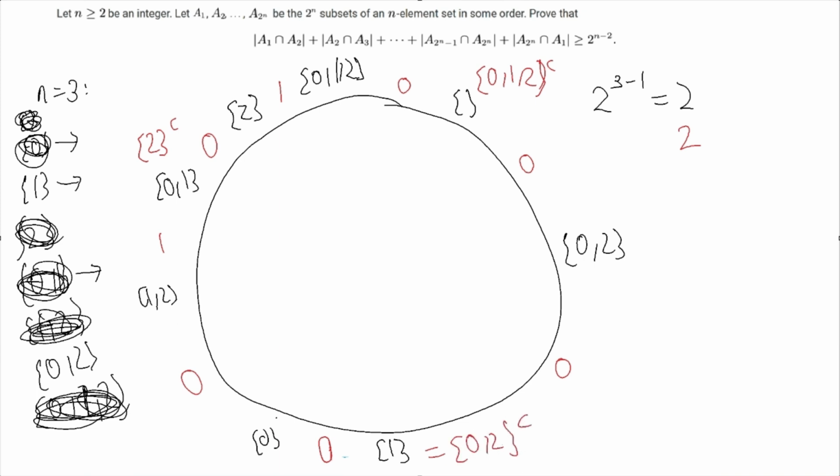And then we have these two here are also complements. So the point is that we have all these complements here, and any two sets which are complements cannot give any contribution.